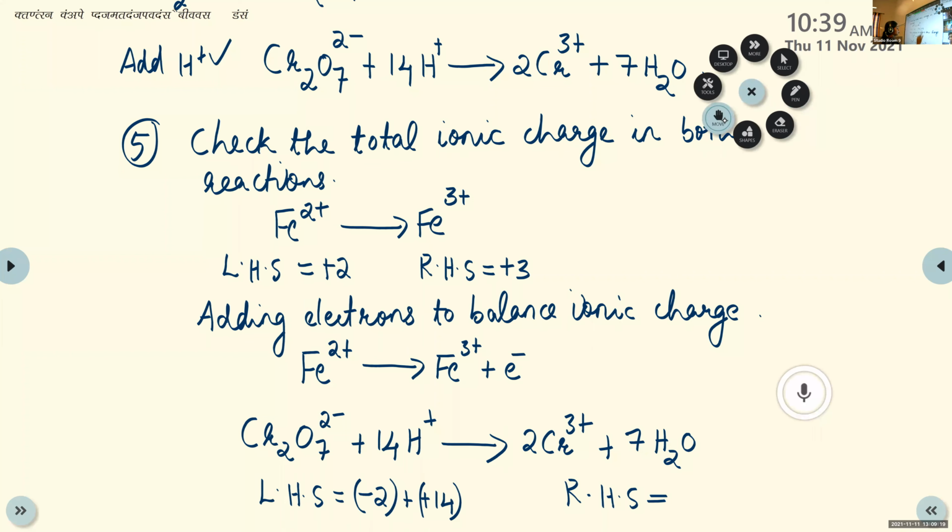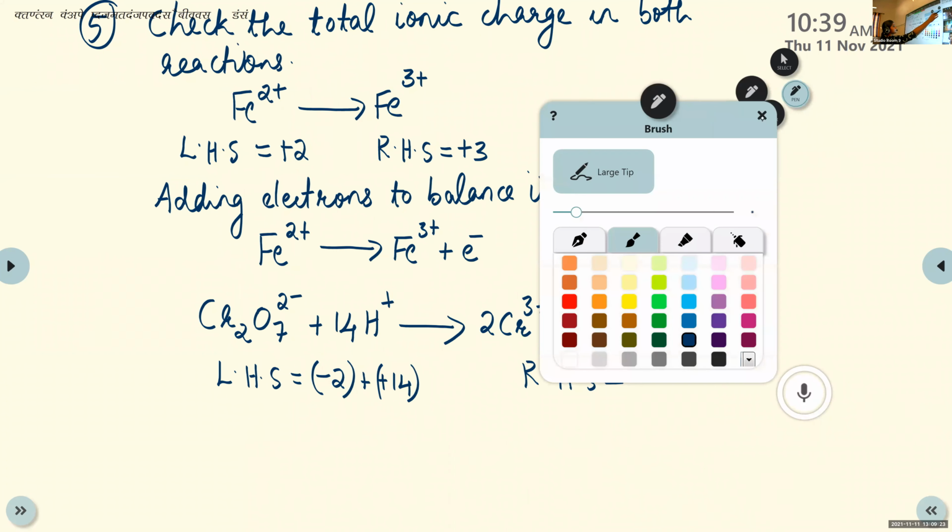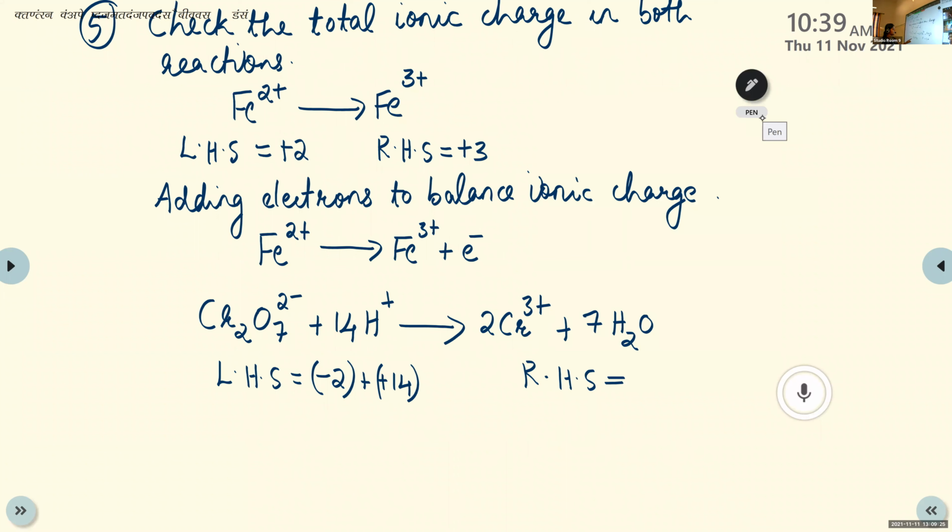So, what will be the total value on the left hand side? -2 plus 14. 14 minus 2, that is 12, right? Plus 12. Okay. Then now we can check the right hand side.